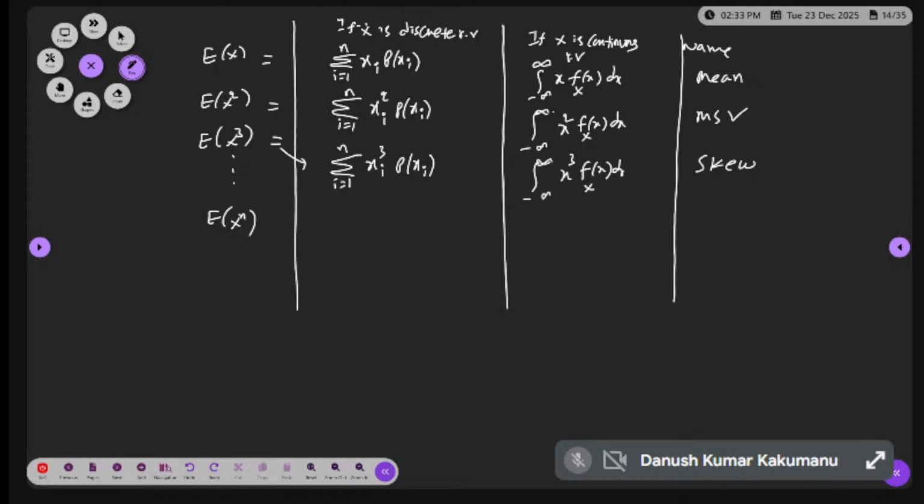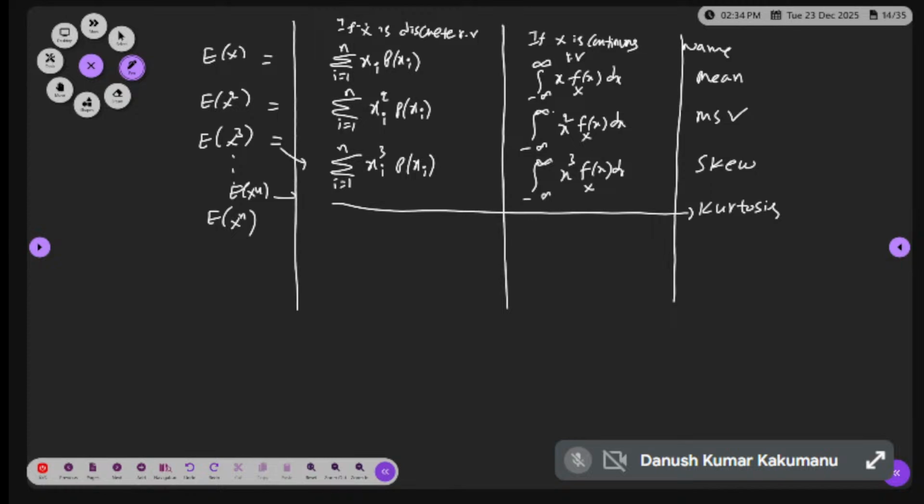This is called skew. If it is E of x power 4, we are calling it what? Its name is kurtosis. Kurtosis, E of x power 4.